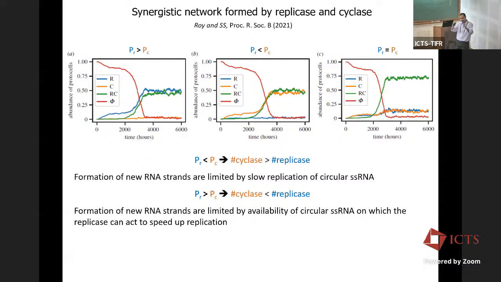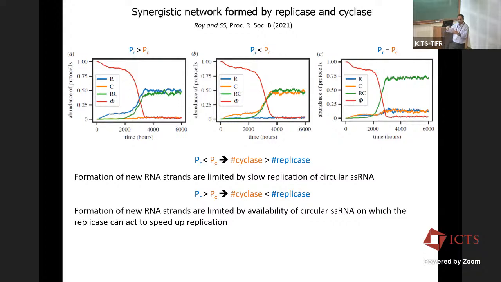Then you would have a lot of these circular templates produced, but not enough replicase to act on those circular templates and enhance replication. On the other hand, if the probability of replicase production was larger than the probability of cyclase production, then a lot of replicases would be produced, but there would not be enough number of templates for them to act on.